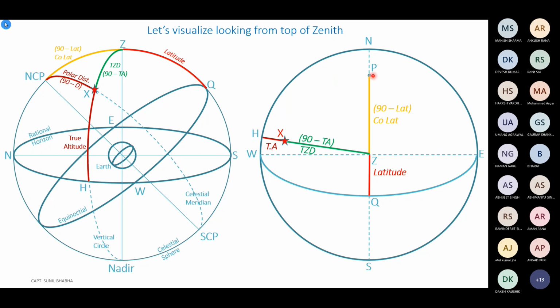This is the pole, and this is the celestial body, the star X. And we have to draw the celestial meridian now. So let's draw it. This celestial meridian is going to appear like this.